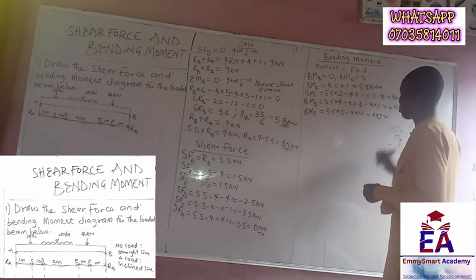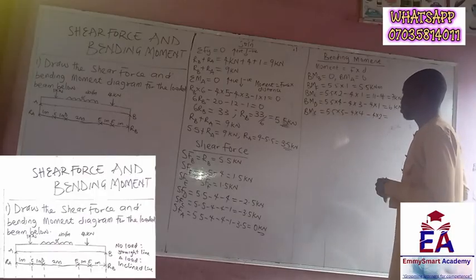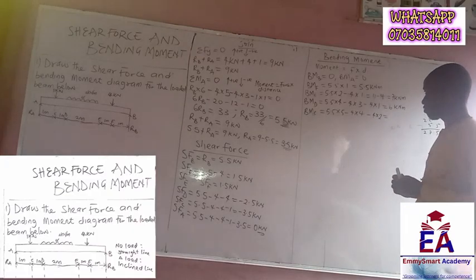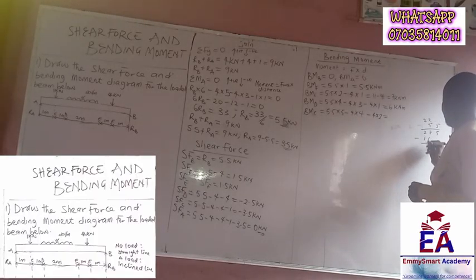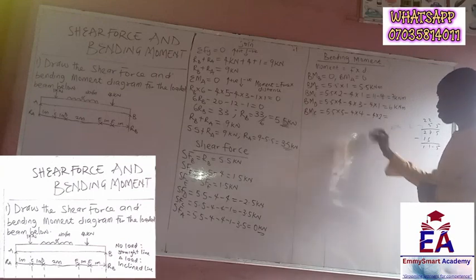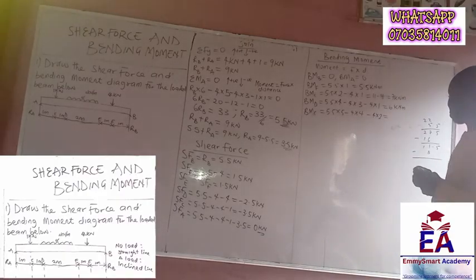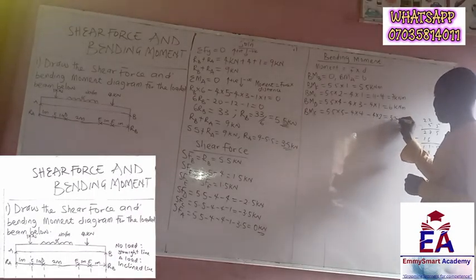So 5.5 times 5 gives 27.5, minus 16 is 11.5, minus 8 gives us 3.5. So we have 3.5 kilonewton meter.